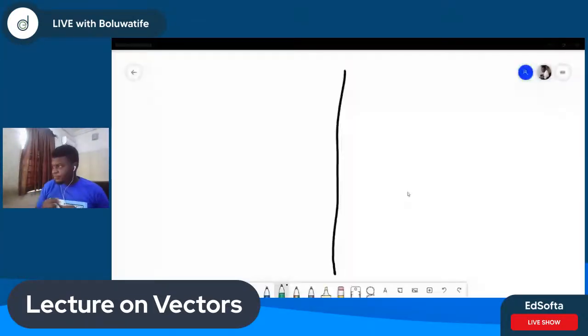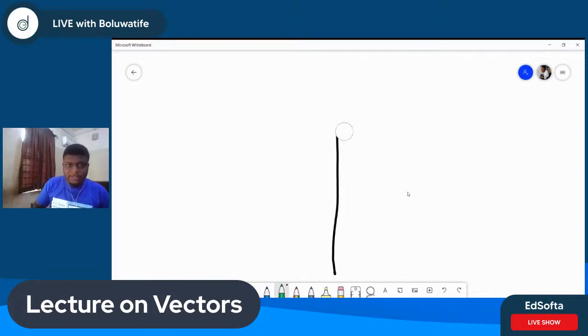I'm just going to switch to a whiteboard so that I can describe what I'm trying to do here. For example, the reason why the parallelogram method is not commonly used most of the time is that you have to draw the vectors using the particular length.